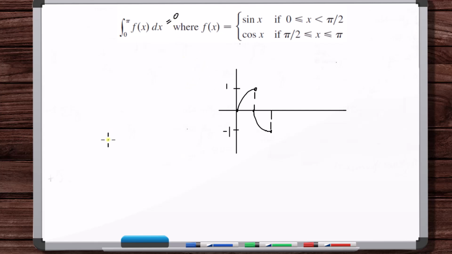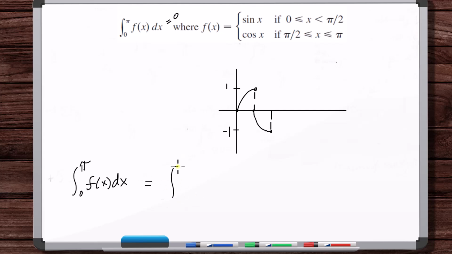But just for future reference, what we could do is say the integral from 0 to pi of f of x dx. You can't apply the fundamental theorem part 2 from 0 to pi because it's not continuous from 0 to pi. You'd have to break it up.